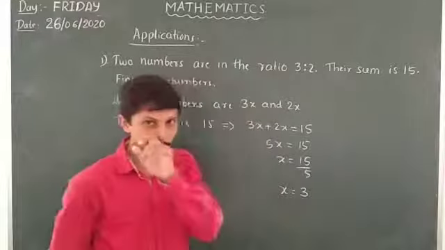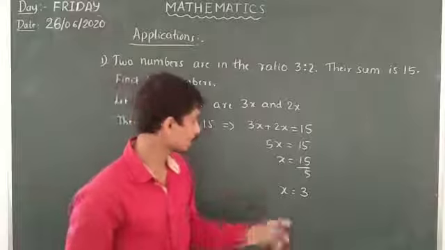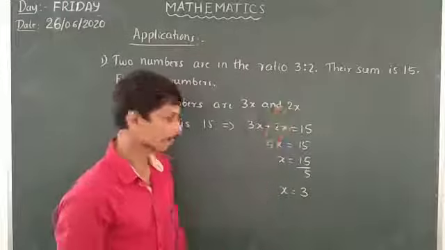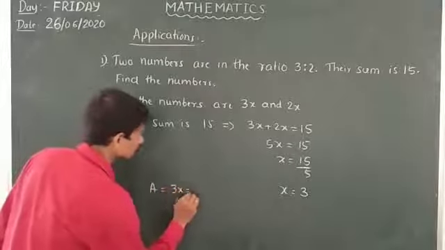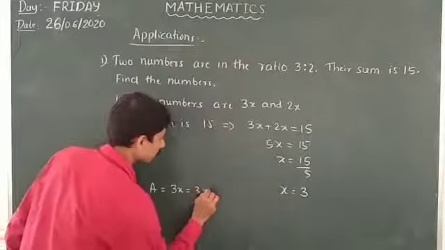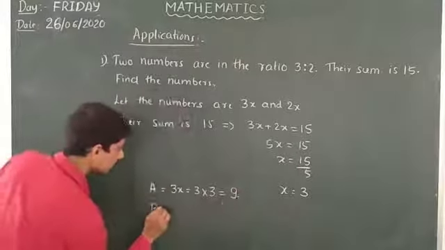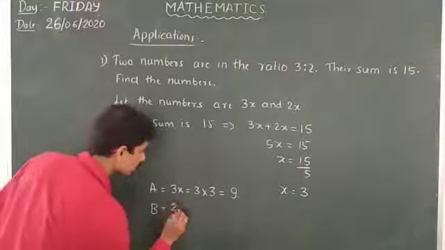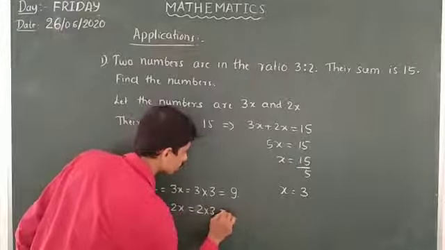That common term is x. Then we multiply this x with 3 and 2. That means the first term a is equal to 3x, which is 3 into 3, equal to 9. Then the next term b is equal to 2x, which is 2 into 3, equal to 6.